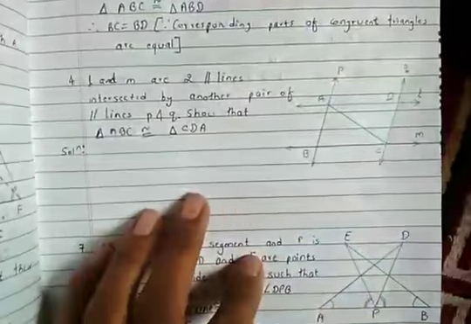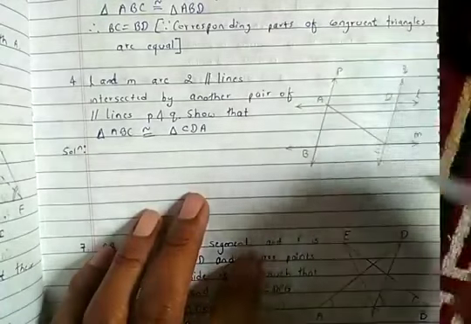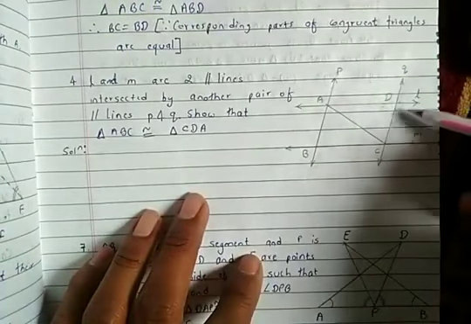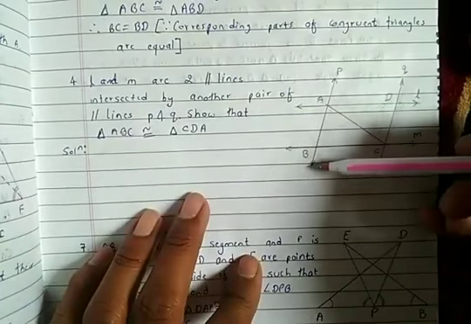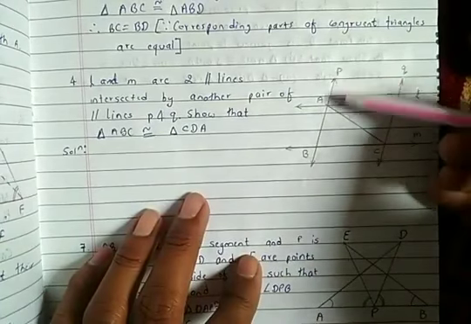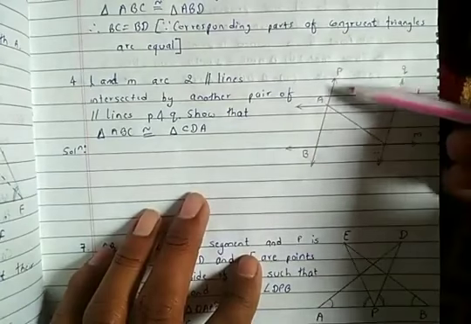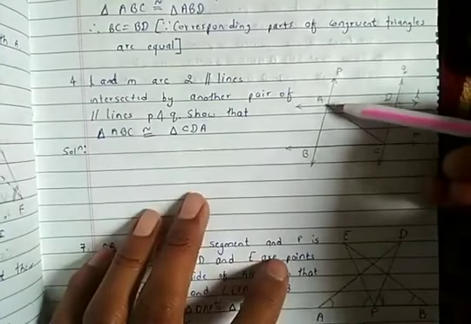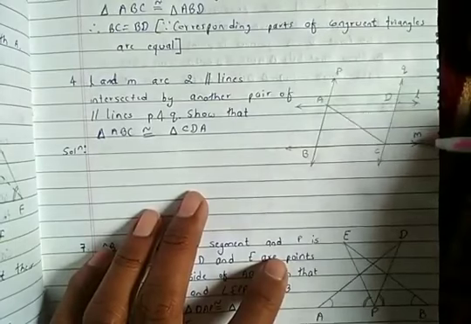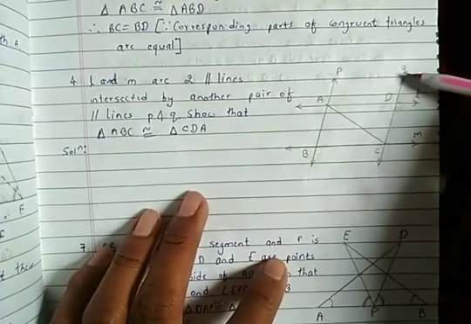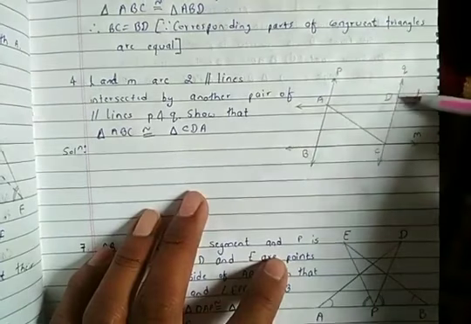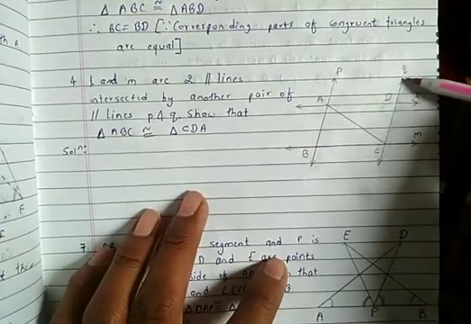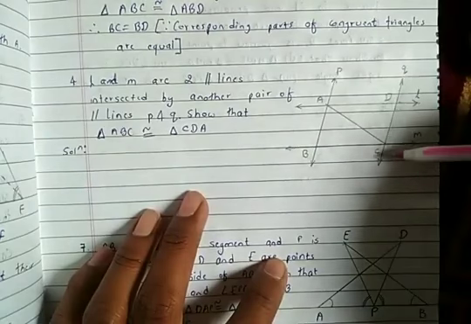What does it say? L and M are two lines parallel and they are intersected by another pair of parallel lines, namely P and Q, right? P is intersecting line L at A and P is intersecting line M at B. Same way Q is parallel to line P and it is intersecting line L at D and it is intersecting line M at C, right?